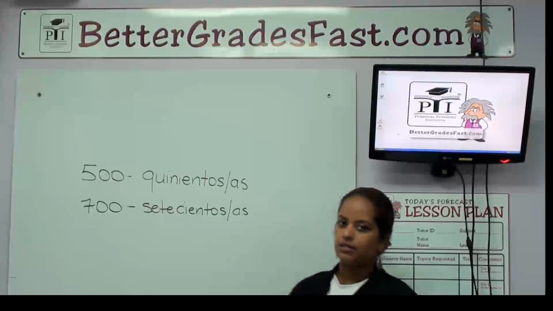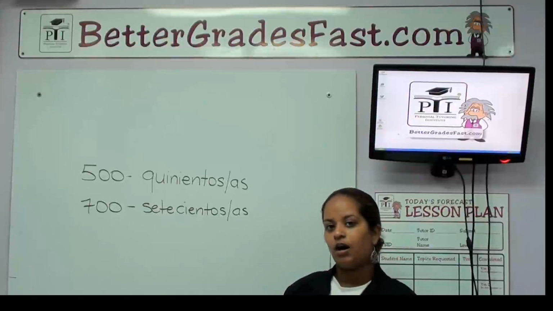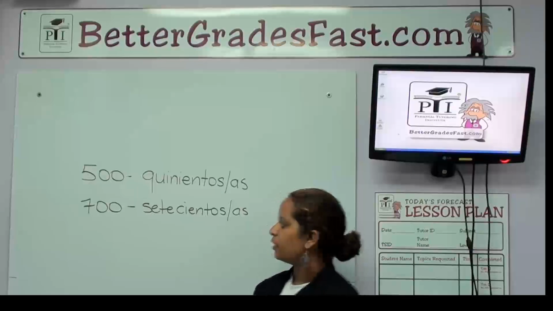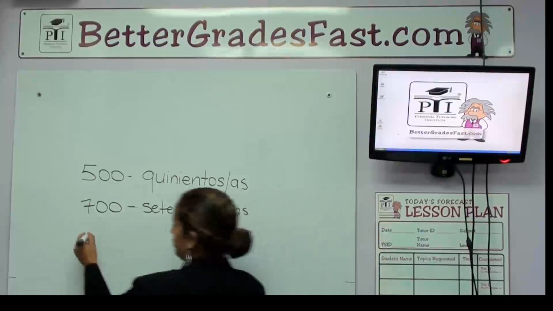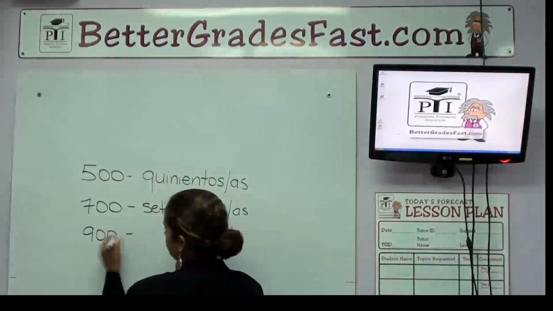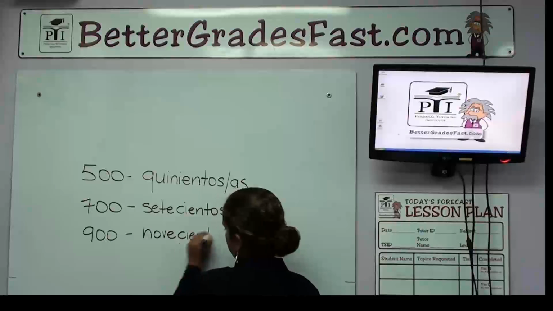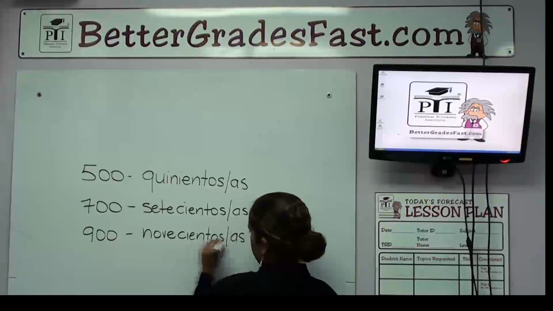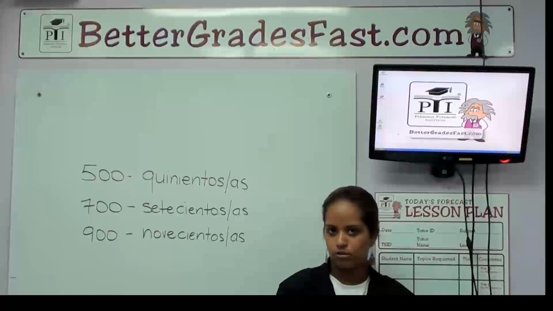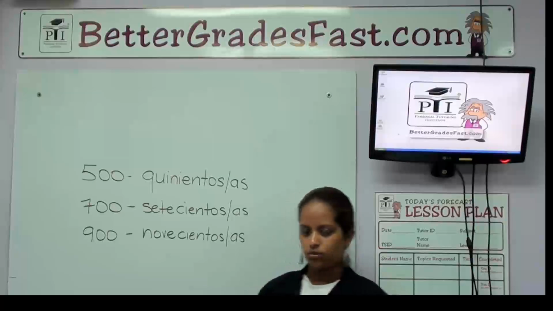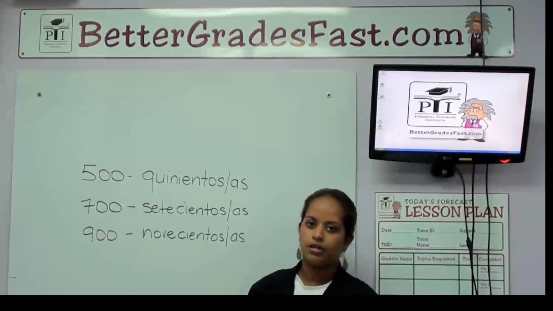It's 700 or 700 if preceding a feminine noun. 800 is regular. 900 is also an exception. 900 is not nueve cientos, it's 900 or 900. All other numbers in the hundreds are regular.